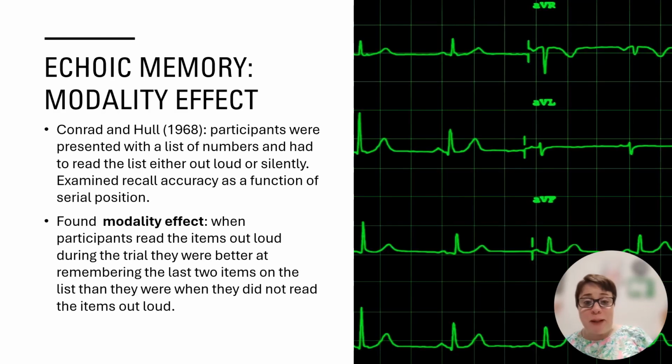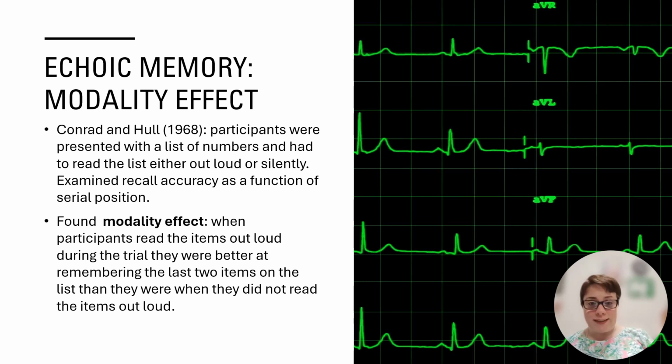So, in an experiment conducted by Conrad and Hull in 1968, participants were presented with a list of numbers and had to read the list either out loud or silently. And what they found is that when they examined recall accuracy as a function of serial position, they found what they called a modality effect.